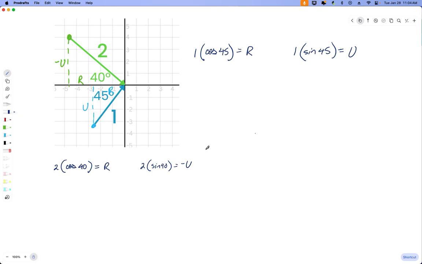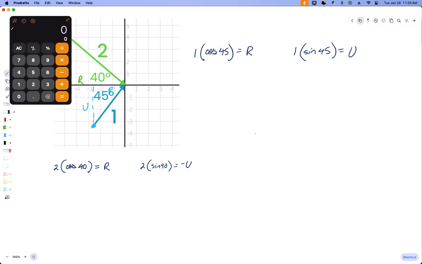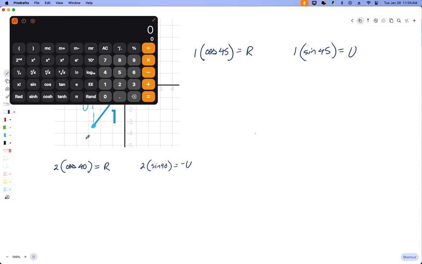So now when we do these calculations, we've got 40 cosine times 2, 1.53 r, and we've got 40 sine times 2, negative 1.29 u, because that's a negative u.